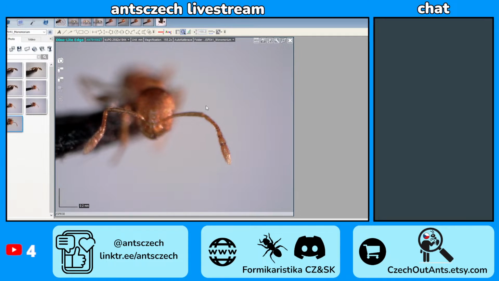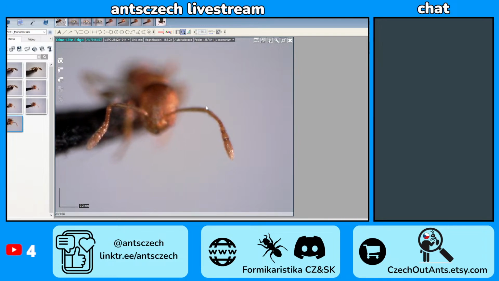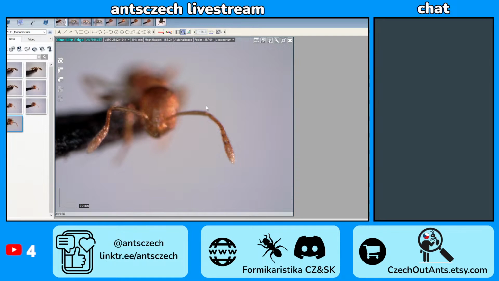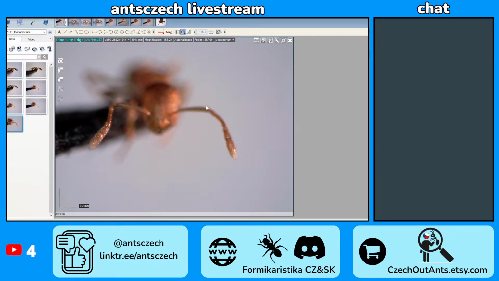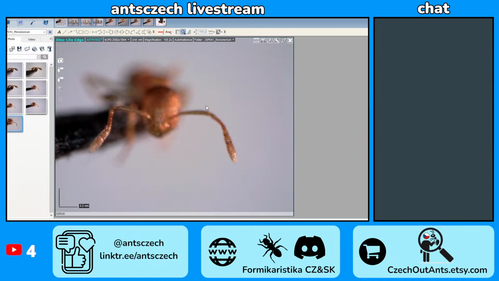Well, one of my first real ant pinning experiences was pinning Tapinoma melanocephalum and the new species Tapinoma pithecorum.